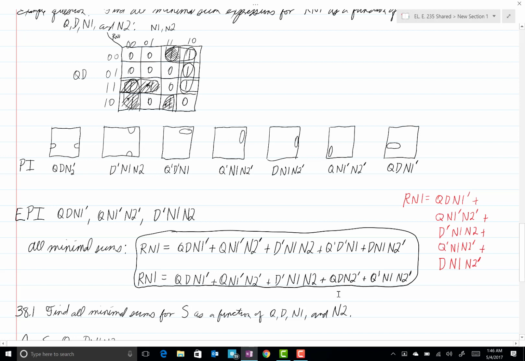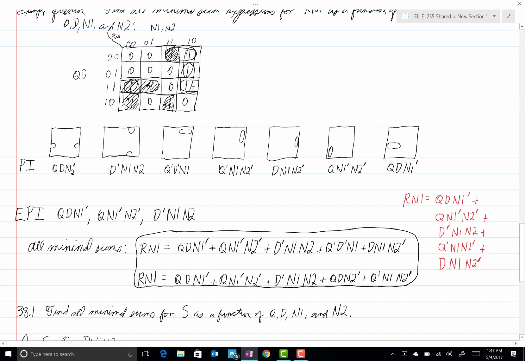On the other hand, for the second minimal sum that we identified, the two terms that we added to the essential prime implicants were Q D N2 prime and Q prime N1 N2 prime. Now if we look at our prime implicants to try to figure out which ones those were, Q D N2 prime is shown right here.